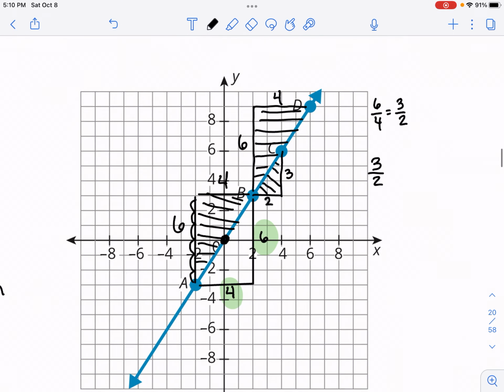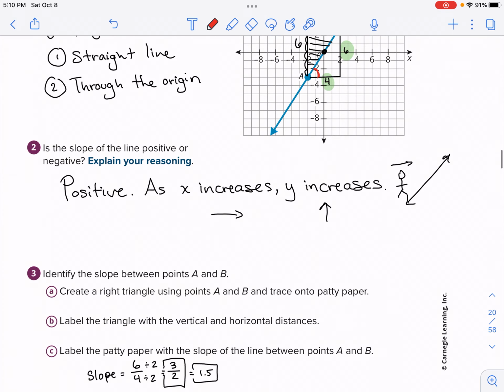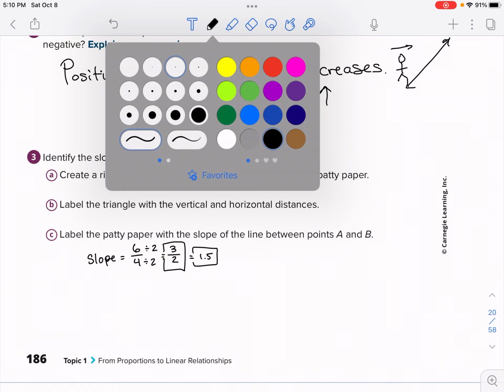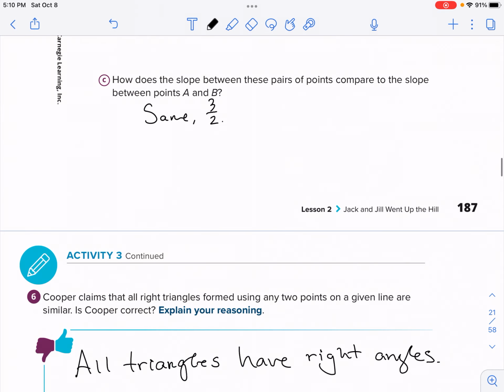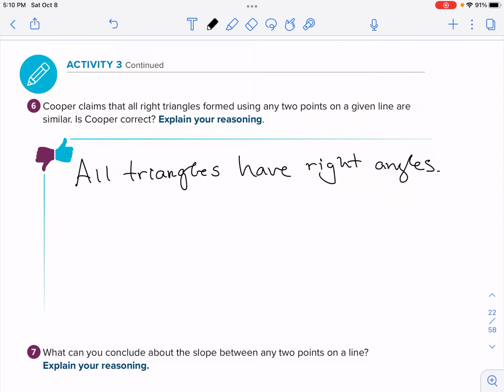But another one that we can prove here, I'm going to put this in red. They also have corresponding angles here. So like this angle here for this big triangle corresponds with this one, because that was from when we worked with parallel lines with the transversal. Those are corresponding. So all triangles have right angles, and then we also have a pair of corresponding (CORR) angles.